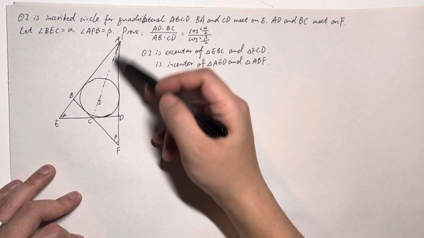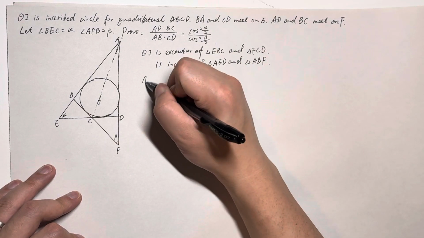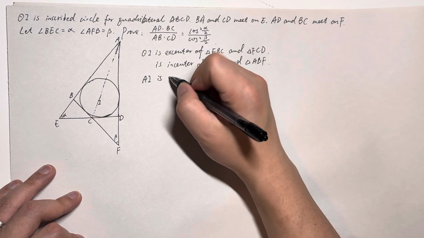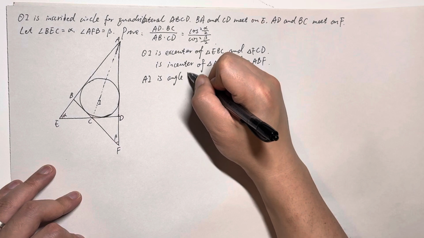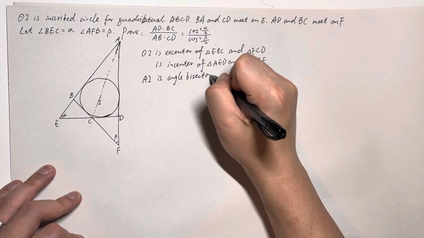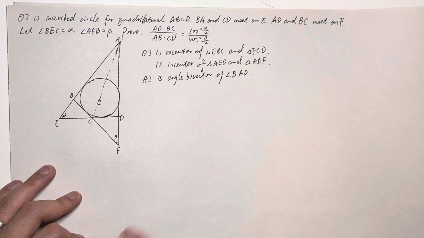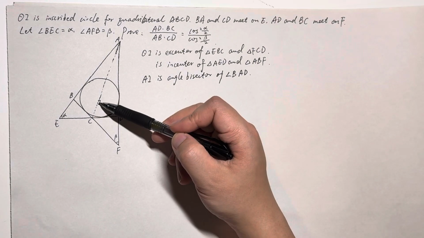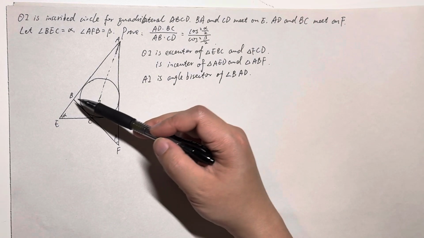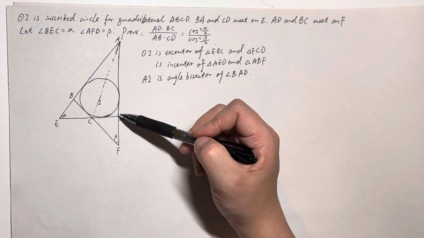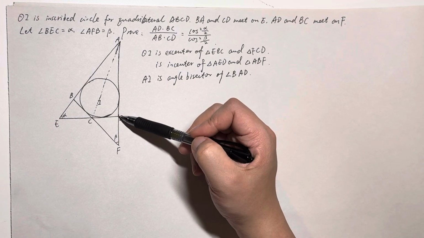But AI is the angle bisector of angle BAD, right? Similarly, CI is the angle bisector of angle BCD, right?